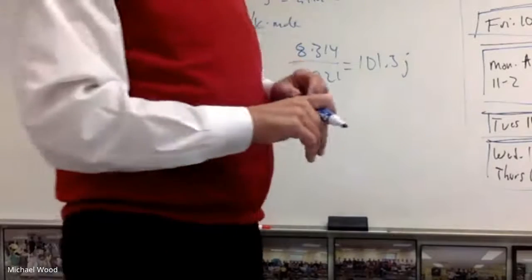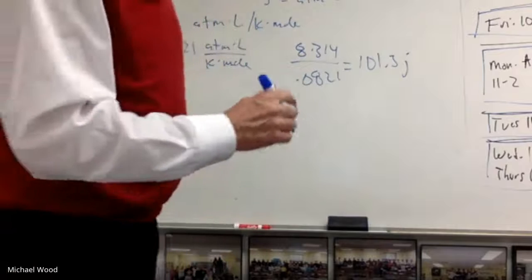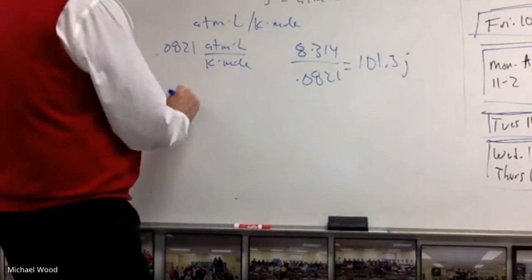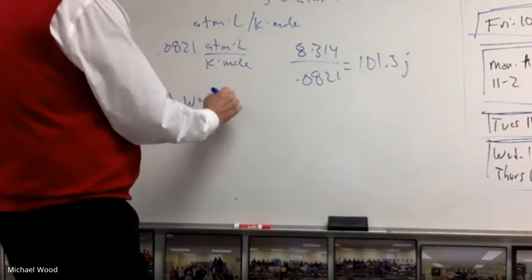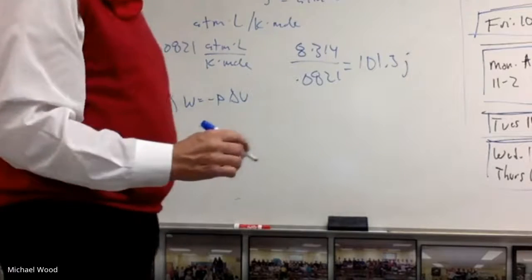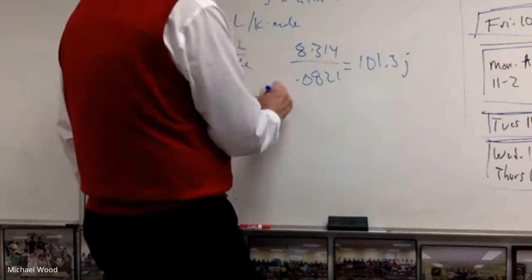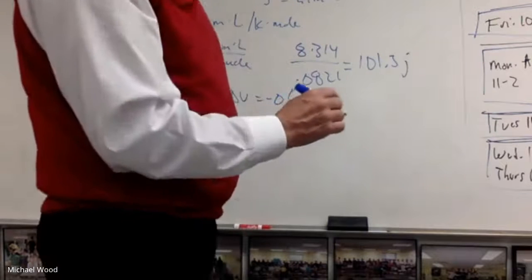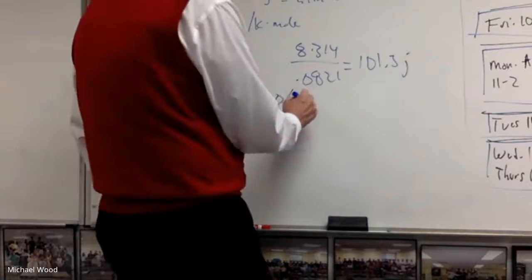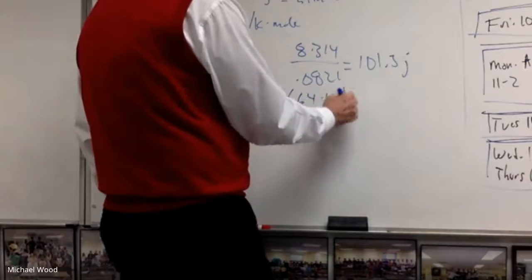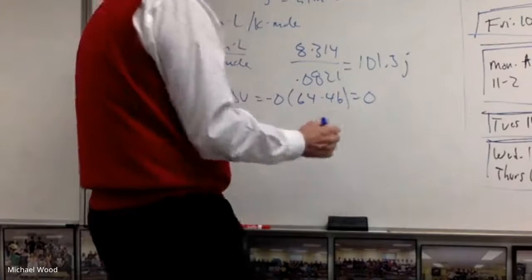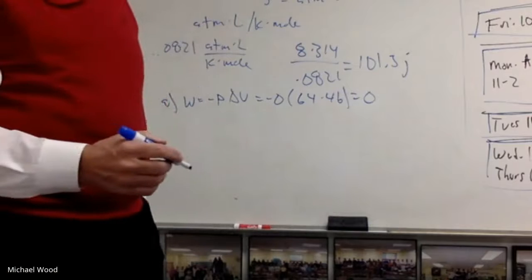Okay, so for letter A, calculate the work done. Work is equal to negative P times delta V. In this case, since the pressure is 0, I have 0 times 64 minus 46. Well, 0 is 0, so this would be 0.